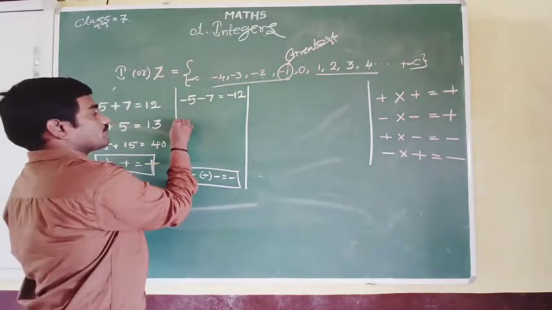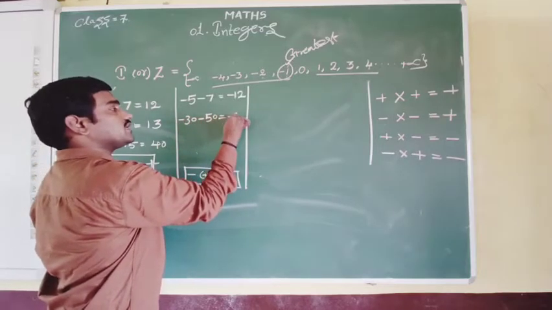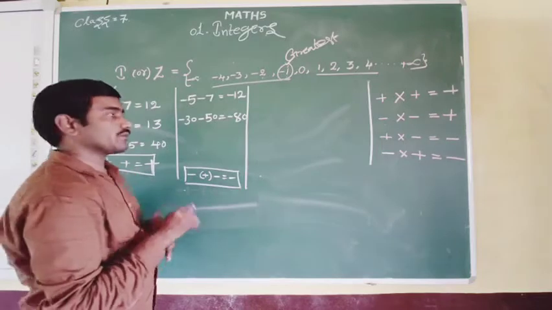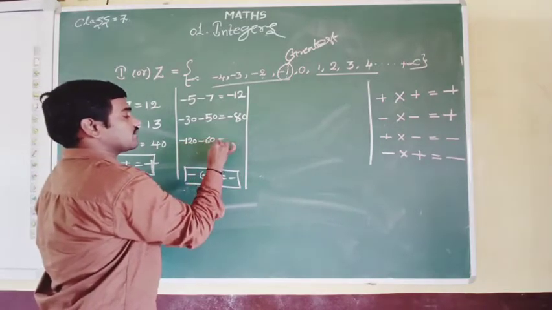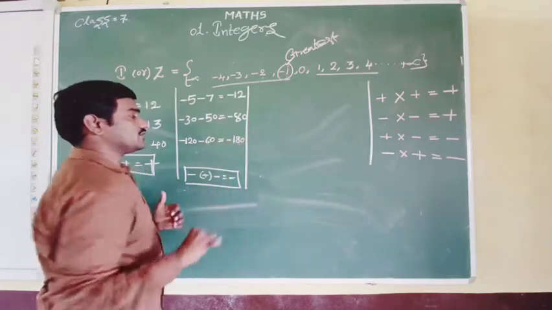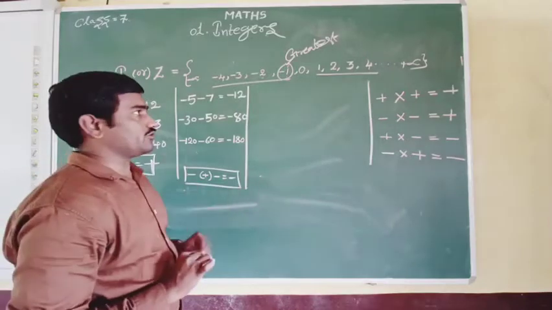Then minus 30 minus 50 equals minus 80. Here minus 120 minus 60 equals minus 180. The sum of two negative numbers also gives us a negative number.